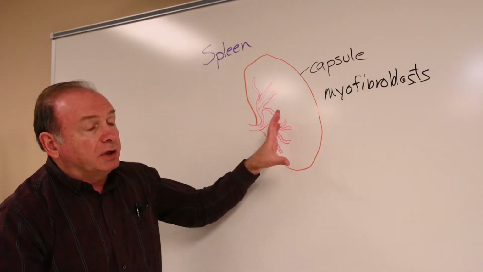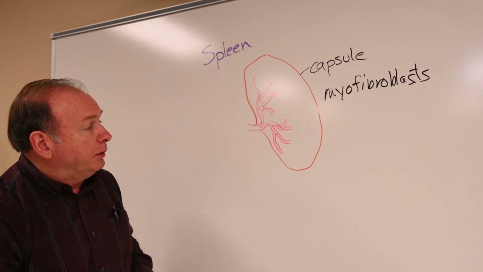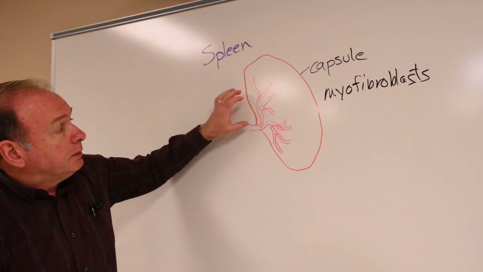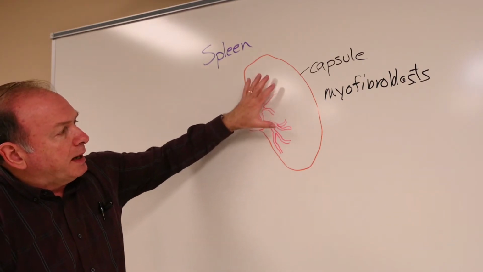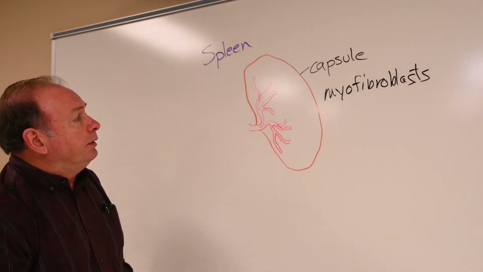So you have branches of the major artery. They follow the extensions of connective tissue from the hilum out through the material of the spleen.